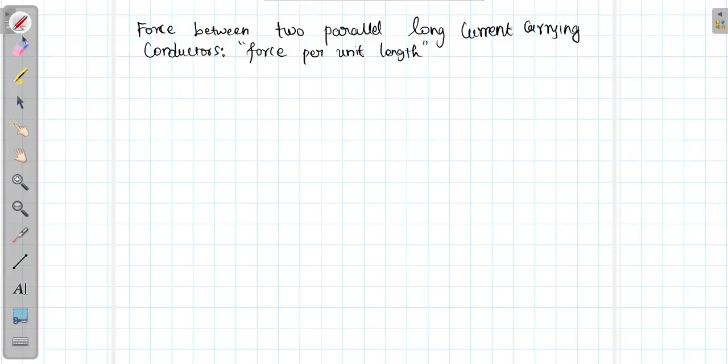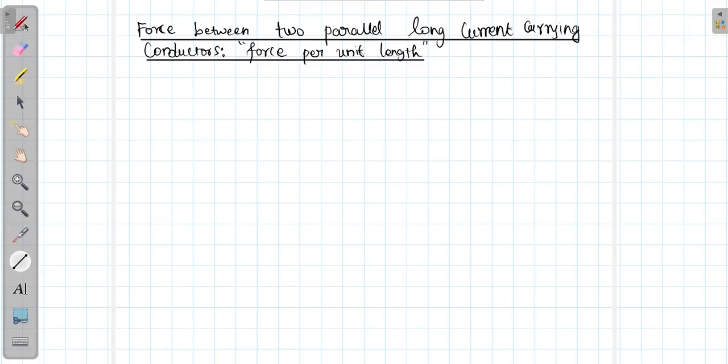For our consideration, the current flows in the conductors in the same direction, and later we will extend it to the opposite direction.